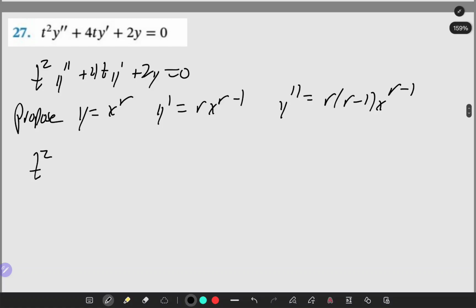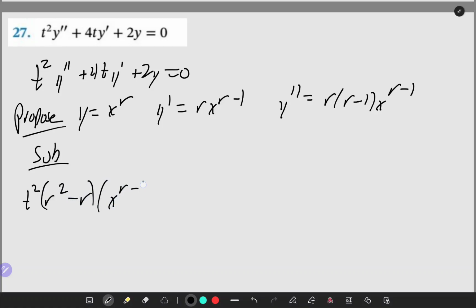That leaves us with t squared, so if we substitute, we have t squared times r squared minus r times x to the r minus 1, plus 4t times r x to the r minus 1, plus 2 times x to the r is equal to 0.